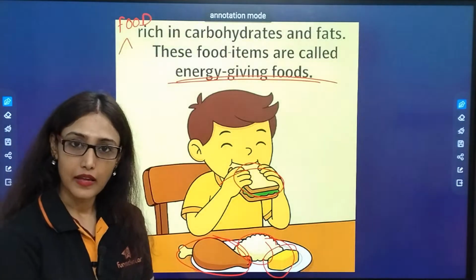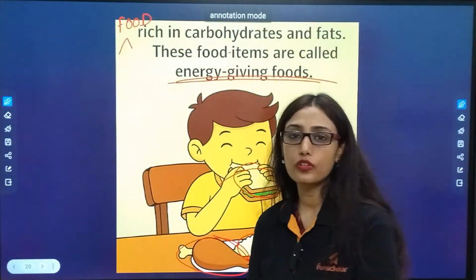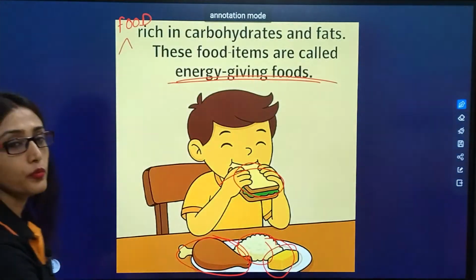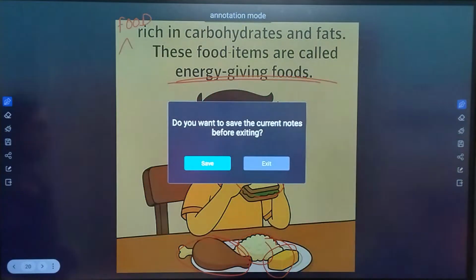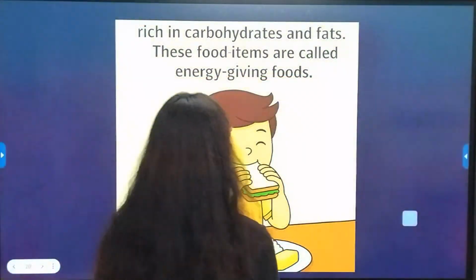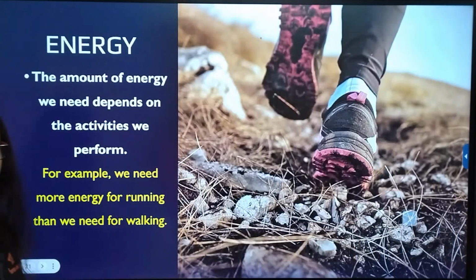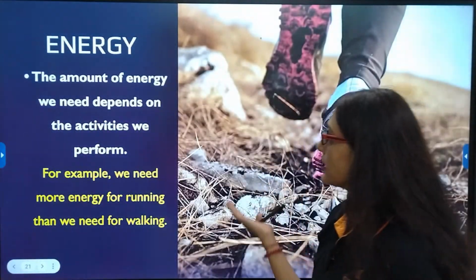You eat different types of things because we all have our choice of food, but you need food for energy after you wake up in the morning. So do not skip breakfast ever. Many of you go to school without taking breakfast, which is really bad.